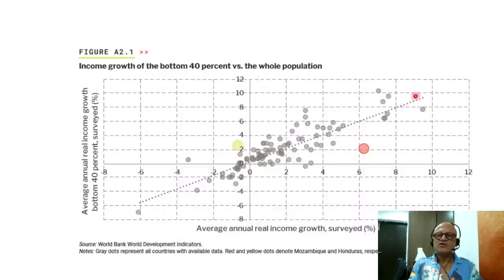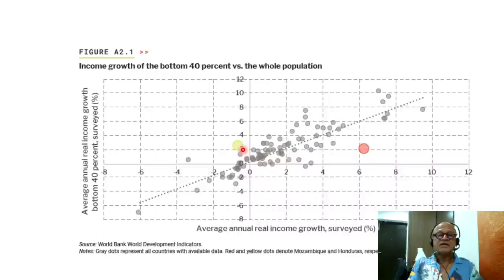So here is A2.1, income growth of the bottom 40% versus the whole population. All the countries with data are in the gray dots, the red dot is Mozambique, and Honduras is here in the yellow dot.